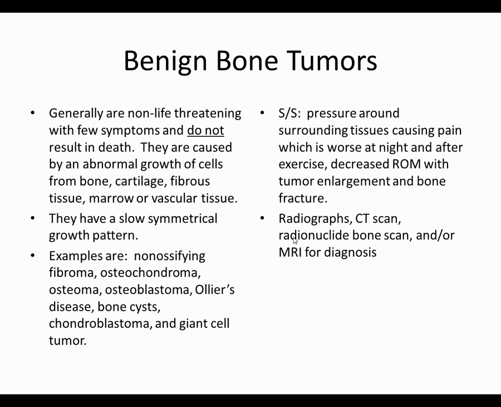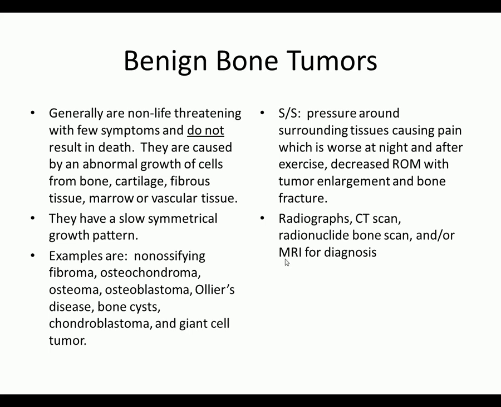Your signs and symptoms will be pressure in the surrounding tissue. The pain will be worse at night and after exercise, and they'll have decreased range of motion, especially as these tumors enlarge, and then the bones can fracture with the tumors.